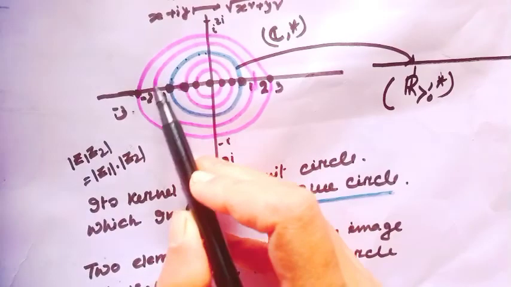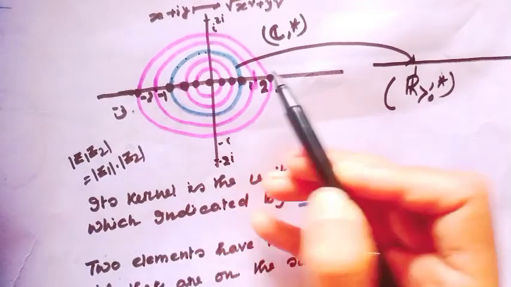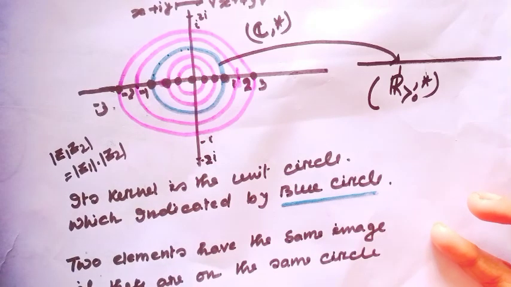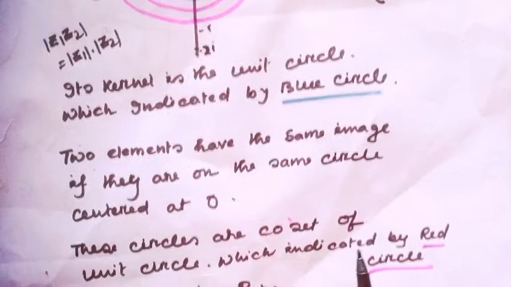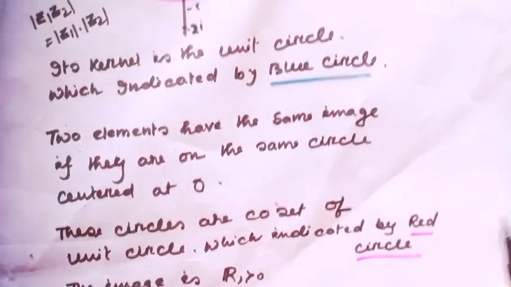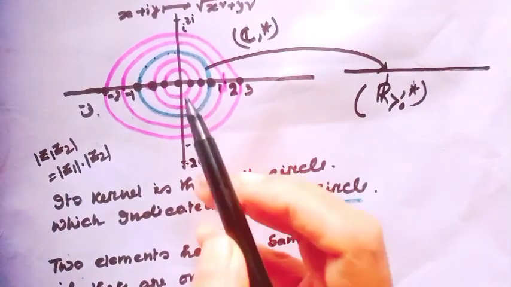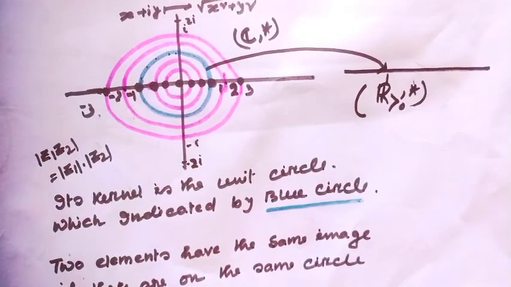That means if you consider this red circle at this point, the image is the same. And these circles are cosets of the unit circle, which is indicated by the blue circle. That means all red circles are cosets of this blue circle, the kernel of the map.